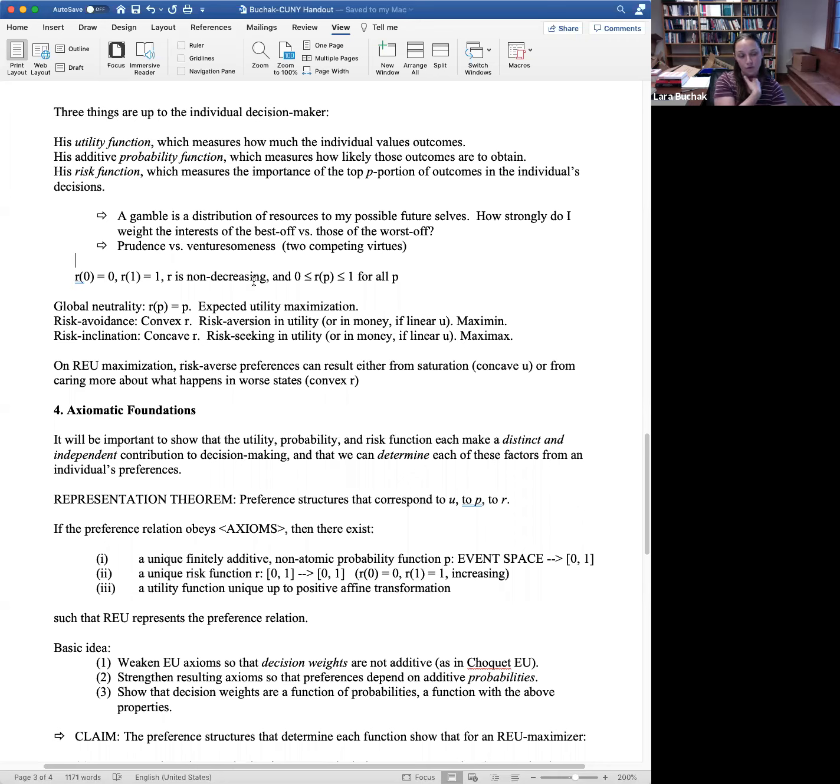The person who is an ardent coffee drinker that likes each cup as much as the last, but still prefers 1 to the coin flip between 0 or 2, is going to be characterized by having a convex risk function. He's going to place more weight on what happens in the bottom 50% of consequences than he does on what happens in the top 50% of consequences.